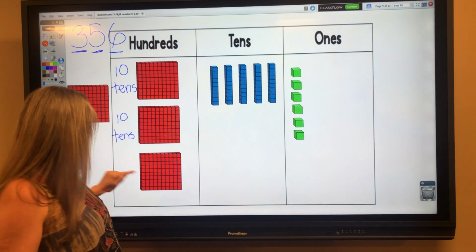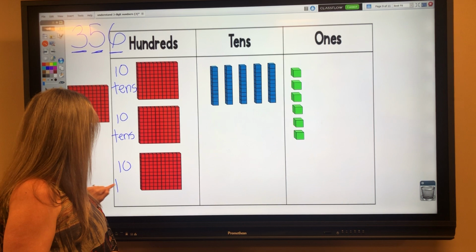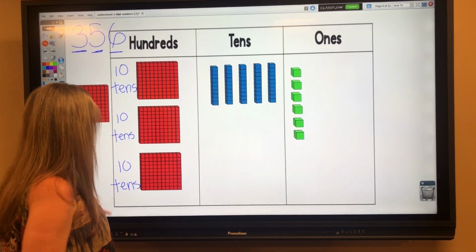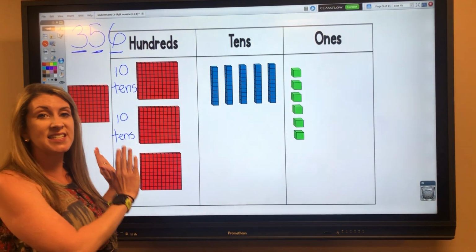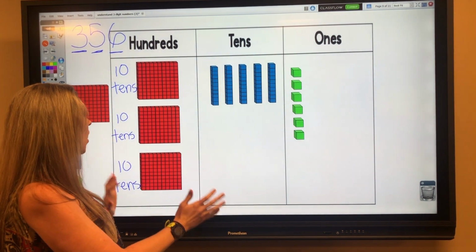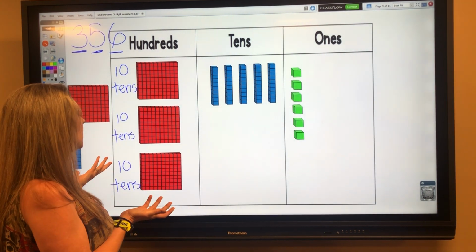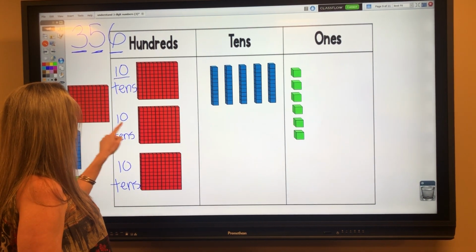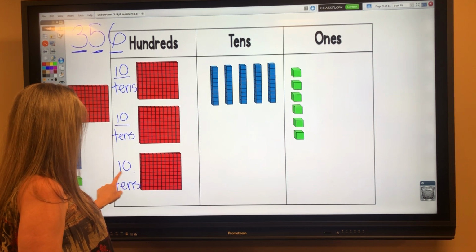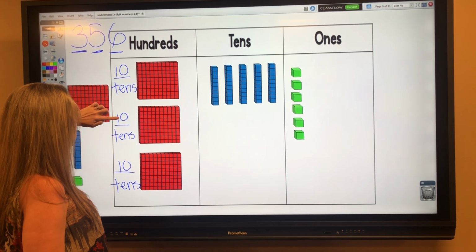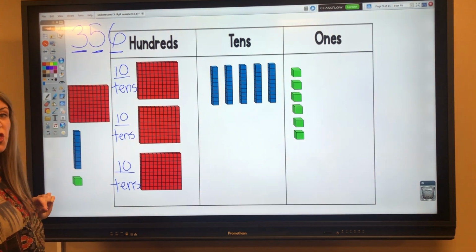Good, 10 tens. So if we put those together, since we can only use tens and ones, how many does that equal? 10, 20, 30. 10 plus 10 plus 10 is equal to 30.